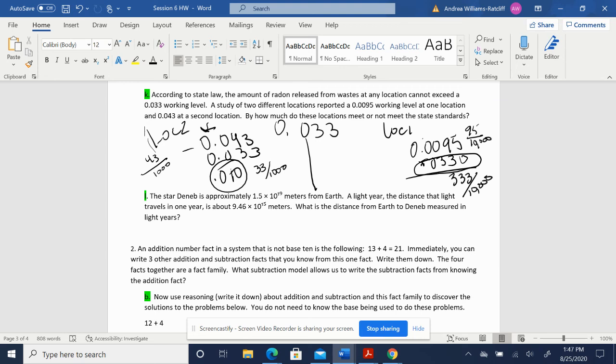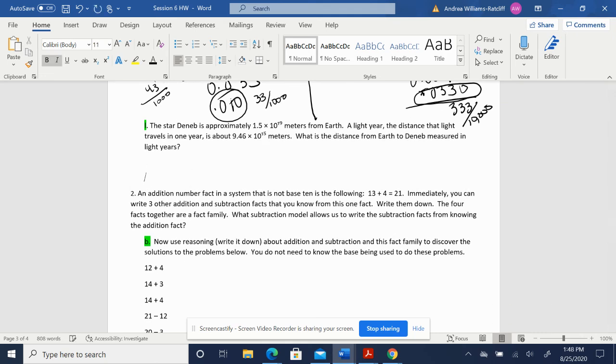So location 1 does not exceed. It is within the limits for what's been given here in terms of parts. So location 2 exceeded by 10 thousandths, whereas location 1 is well below. Here we had 33 thousandths. You haven't even gotten up to 10 thousandths yet. Okay, so that is our rationale there.